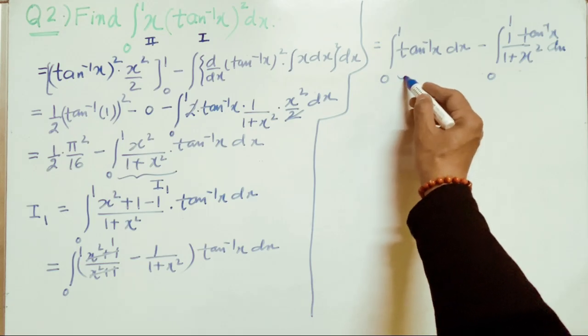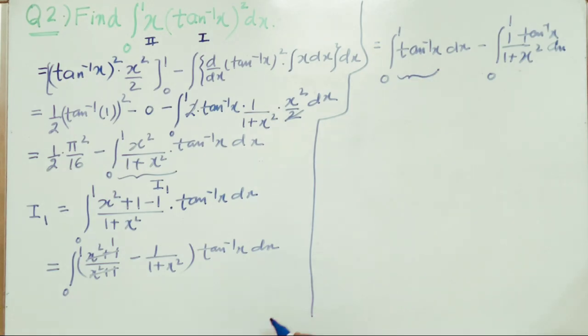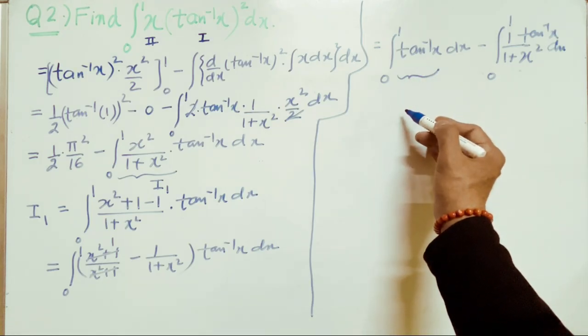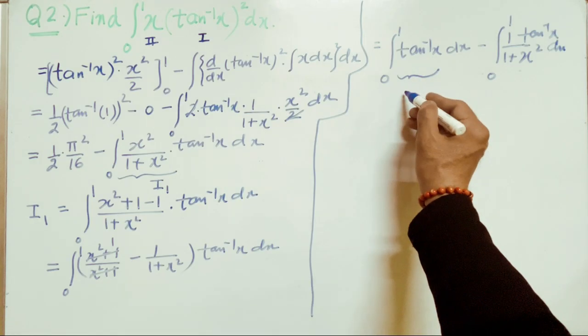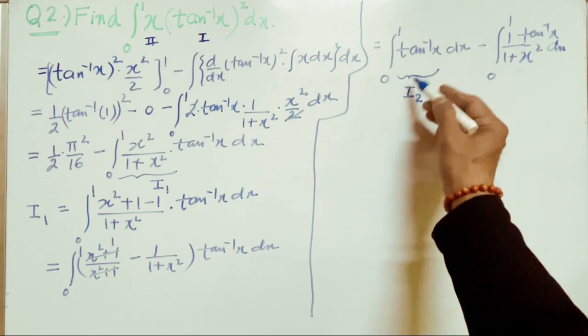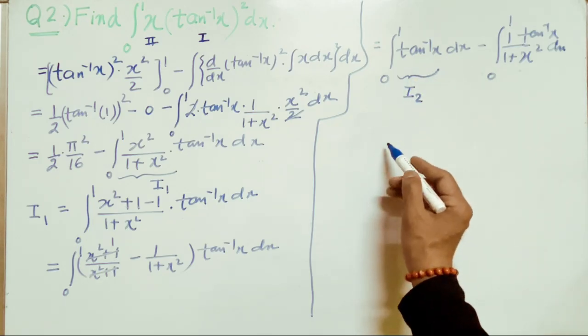Now this again we need to simplify with the help of integration by parts. So what I'm doing now, I'm giving it a name, say I2, and I will simplify it separately.